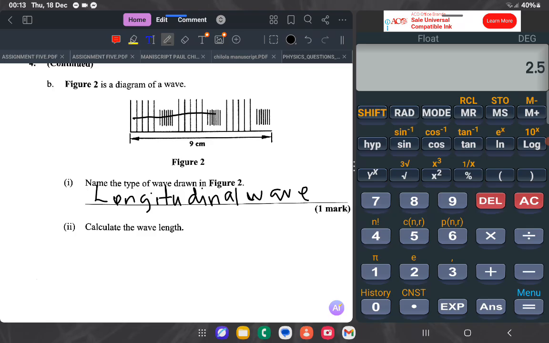So the wave is going this way, and the particles are also vibrating along the same direction. So that's typical of a longitudinal wave.